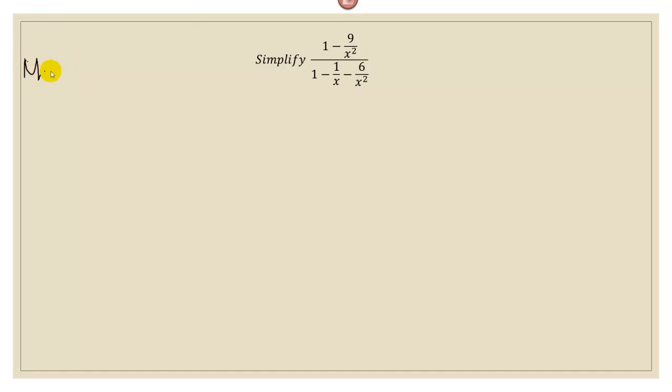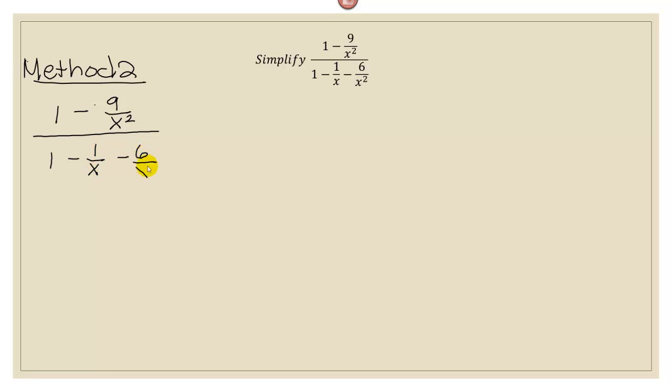Again, that's my preference, but I recommend you stick with that as well. Let me rewrite this. We have 1 minus 9 over x squared, all of that divided by 1 minus 1 over x minus 6 over x squared.